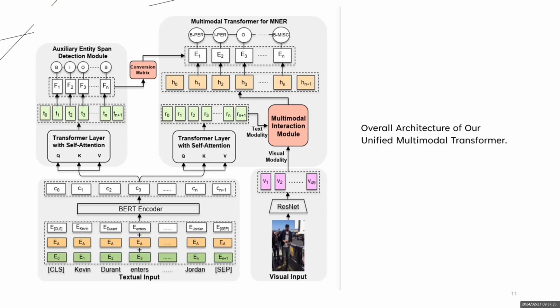Each ESD label corresponds to a subset of MNER labels. To ensure consistent predictions, a transition matrix is introduced. Specifically, the MNER CRF layer is modified to include the entity span information from ESD.